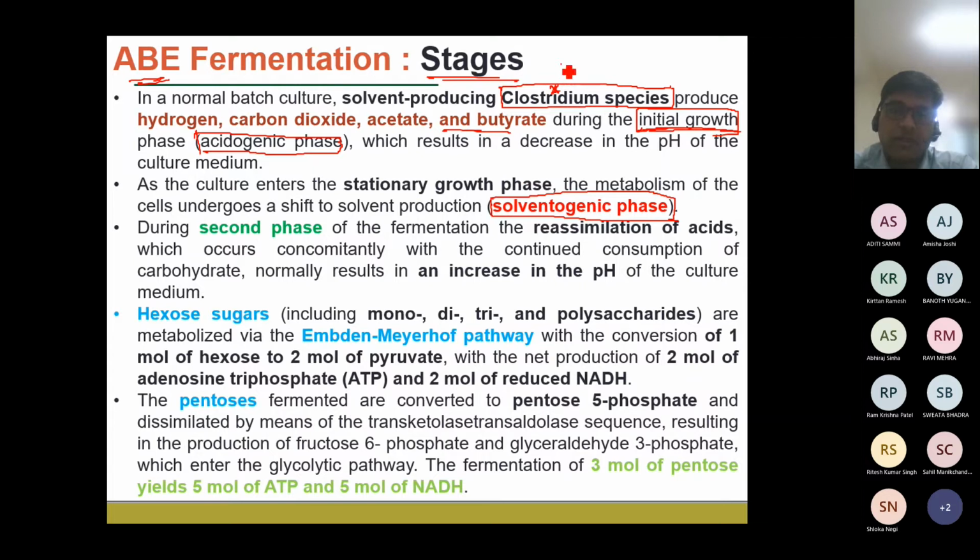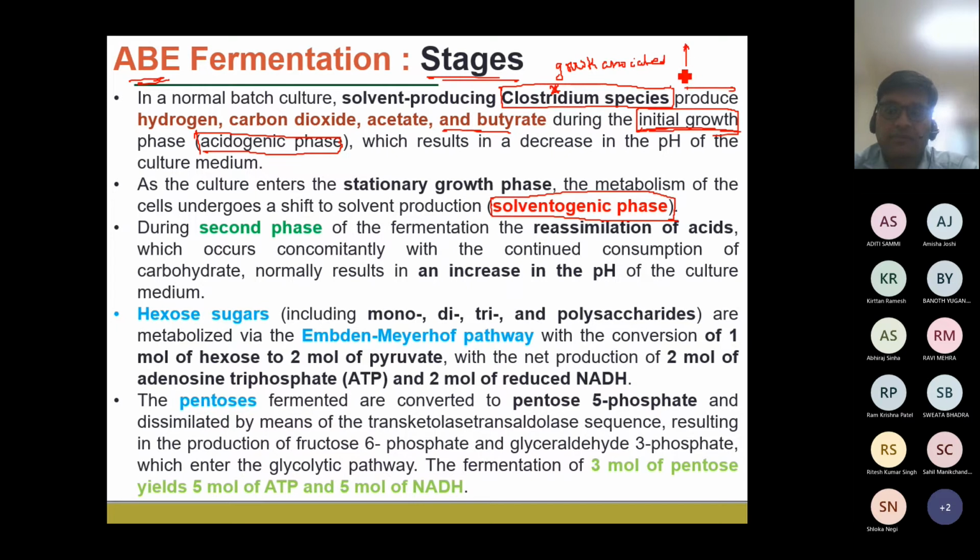We have seen several classifications in our earlier classes before the mid-sem. We have seen that there are different stages of growth at which the products are produced.